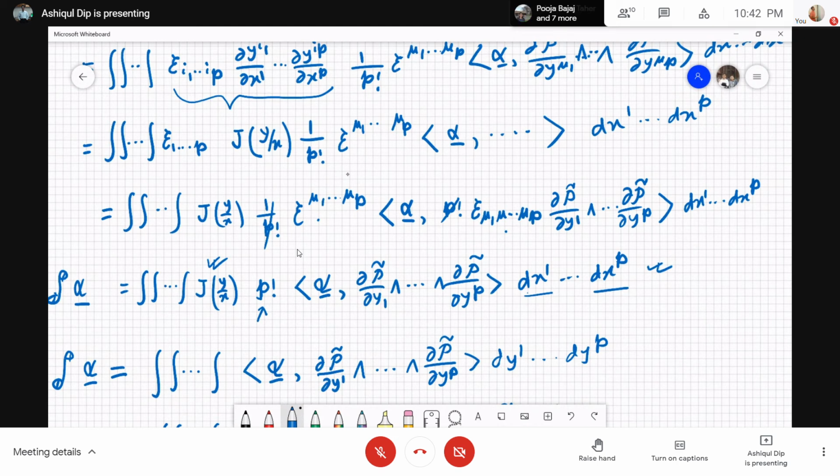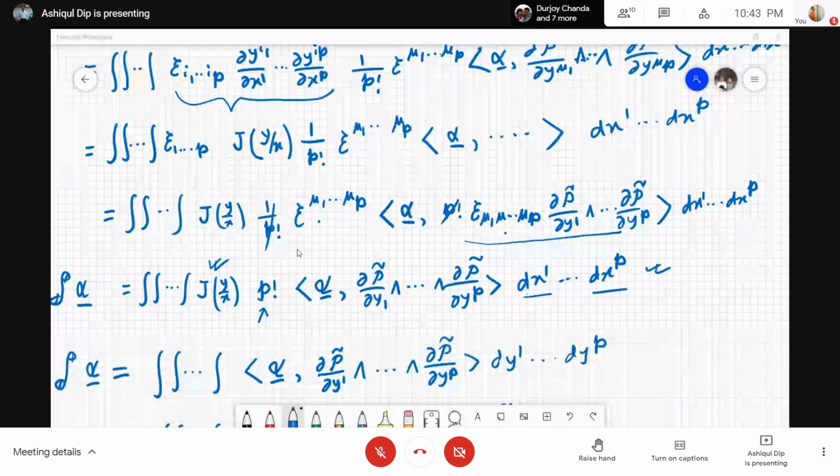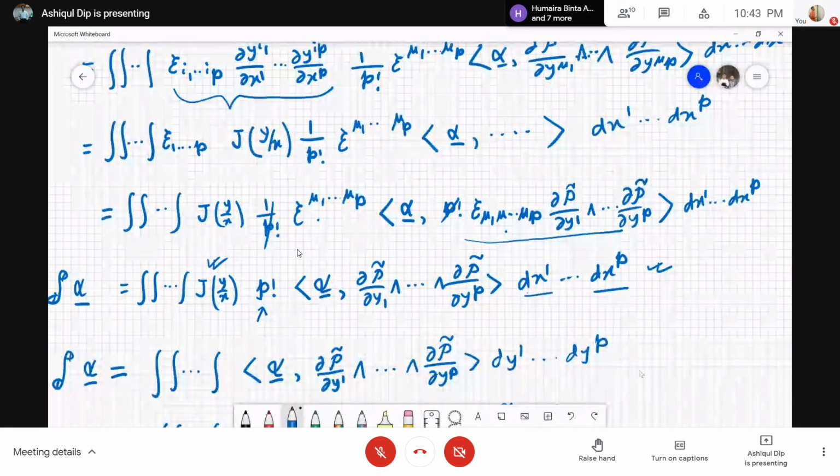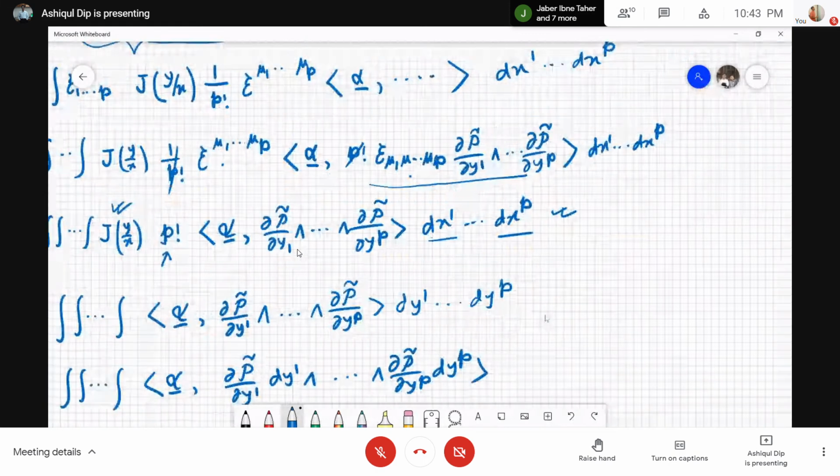Is this relation correct? I had delta p by delta y mu1, and I wanted to convert it into 1, 2, 3, like that. Should there be a p factorial or not? Hello? Is anyone here or everyone left today? Sorry, I'm struggling today. Okay, so is this result correct even? That's what I'm thinking.